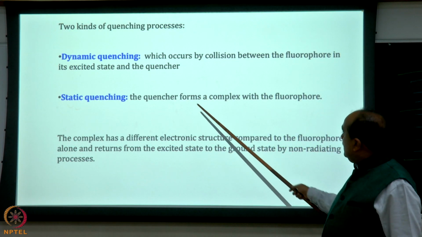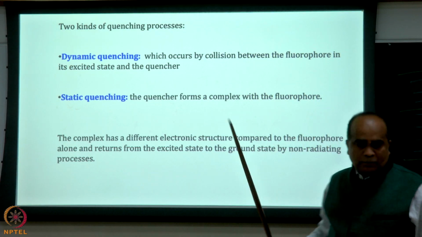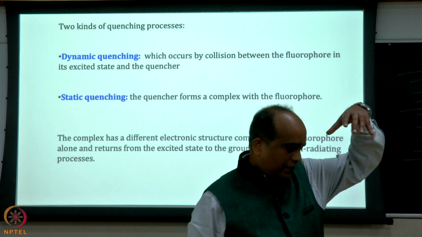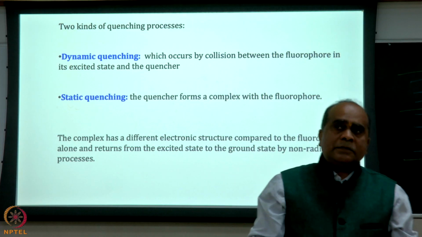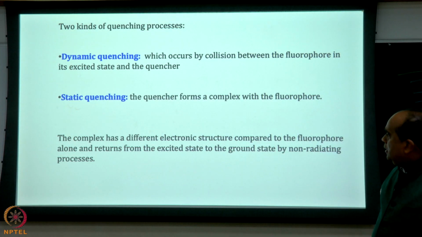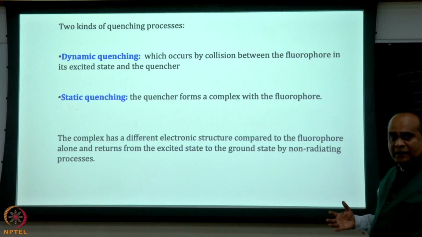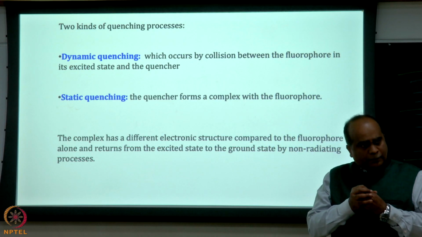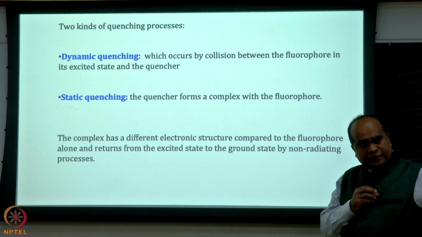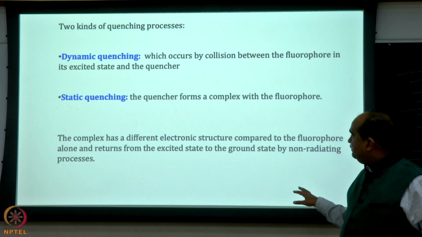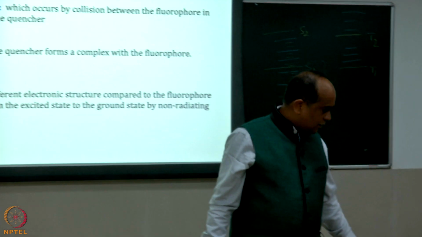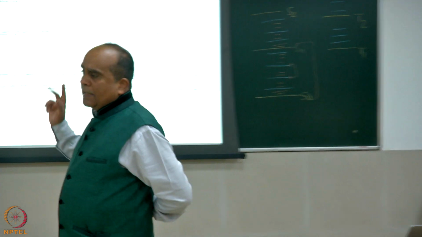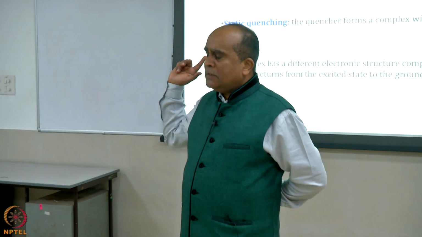Static quenching forms a complex with the fluorophore. Fluorophore absorption happened, but the quencher has formed a complex. Now the energy is dissipated and the fluorescence does not come. The complex has a different electronic spectrum because it has a different structure than a free fluorophore, and therefore when it returns from the excited state to the ground state, it is non-radiative. So, dynamic quenching is an interaction happening in the excited state.